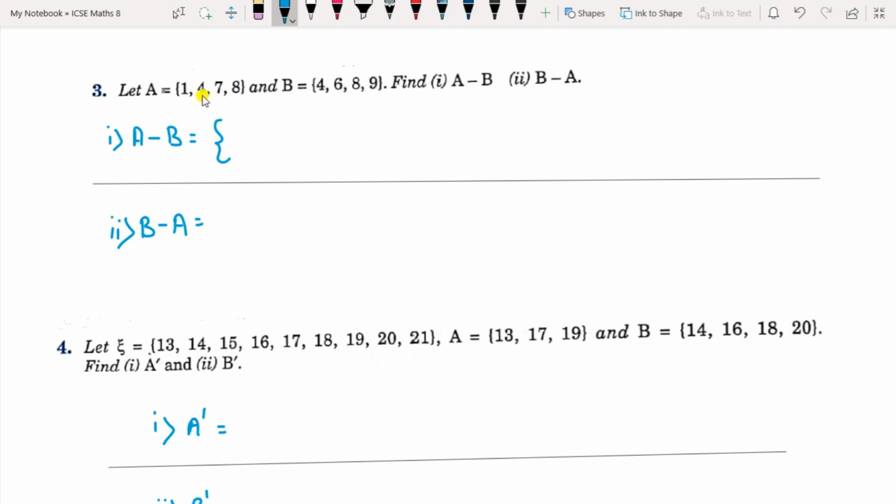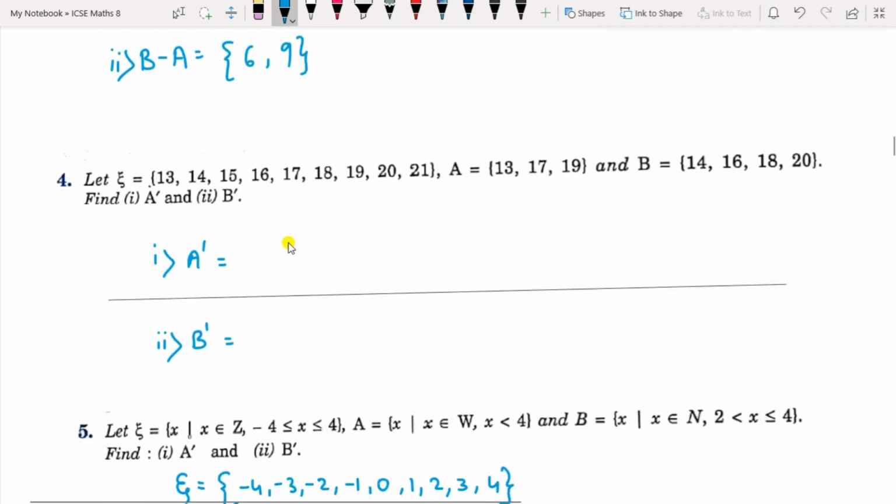Common elements are 4 and 8 in both these sets. So those not in B are 1 and 7. If you are writing B minus A, all the elements of B which are not in A are 6 and 9. That is the answer. So this way you have to find the difference.